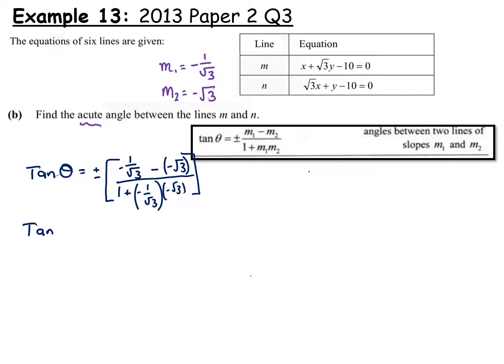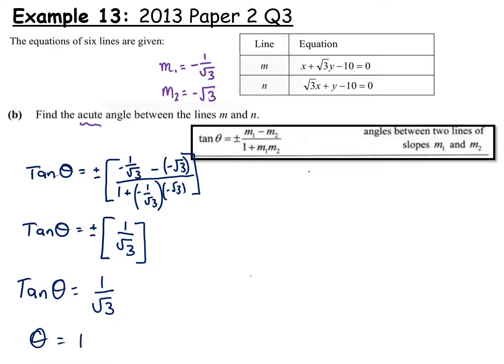You can go straight to your calculator and stick that whole fraction in. When we do that, we actually get 1 over root 3. I want the acute angle, so I'm going to take the plus or minus that makes it positive, so that's 1 over root 3. So theta is equal to tan inverse 1 over root 3.